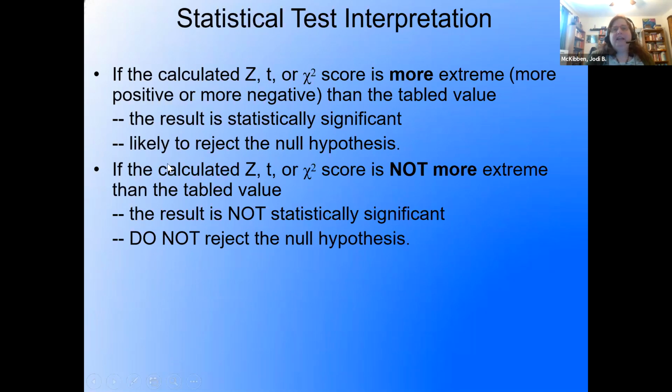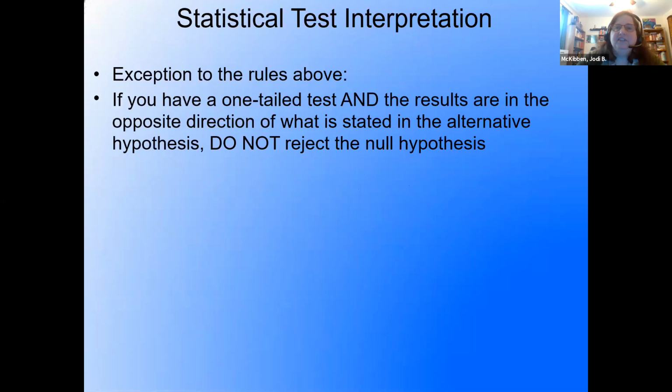So why this likely? Why am I hedging my bets here? Okay, if you remember, this comes down to whether it's a one-tailed or two-tailed test. If it's two-tailed, you're done. The result is statistically significant, you'd reject the null. But if it's one-tailed, there's one more thing you have to check. And that's if you have a one-tailed test and the results are in the opposite direction of what was predicted in the alternative hypothesis, you don't reject the null.